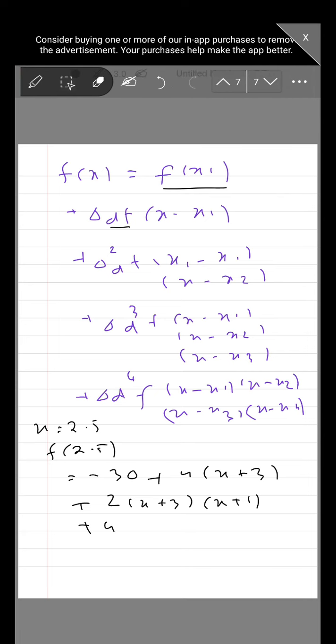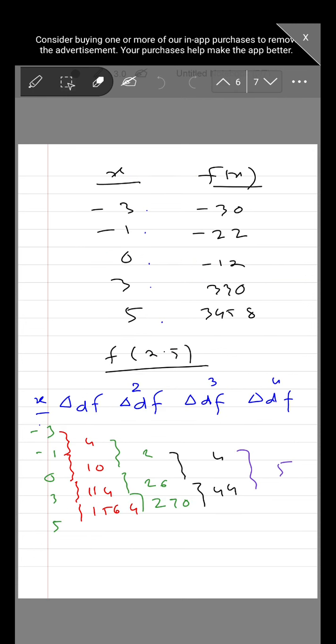So this 2 comes from here, so this is 4, then we take this 2, then we take again 4, and then we again take 5. So it will follow this path, any one of the paths.